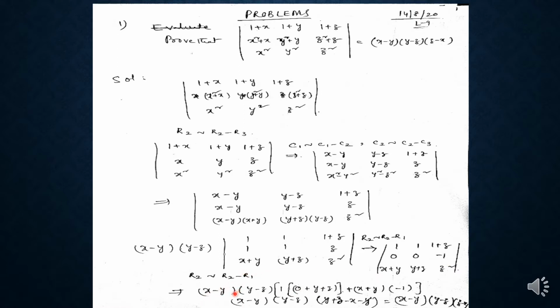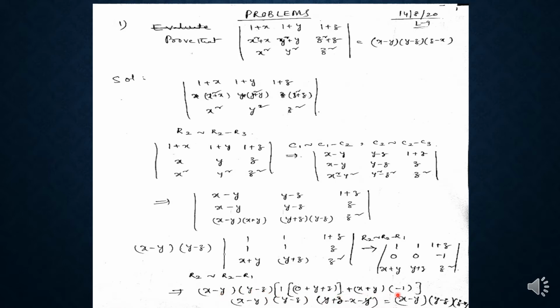Now R2 changes to R2 minus R1, and we get this. By expanding using the Laplace expansion along the first column, we get (x−y)(y−z) times 1 into 0 minus... the 0 terms vanish, plus (x+y) into −1 into the minor, which gives −1 times.